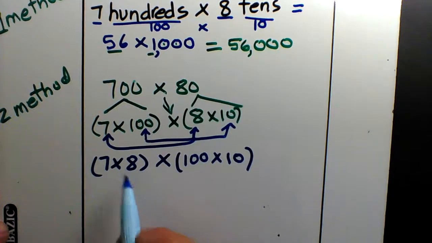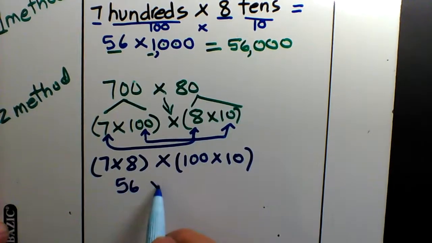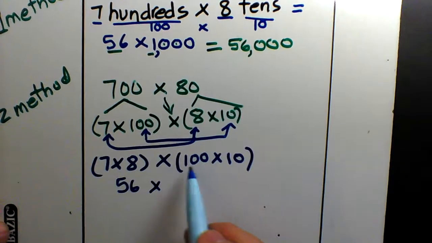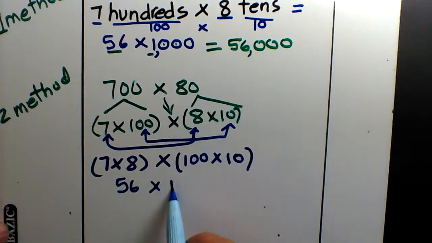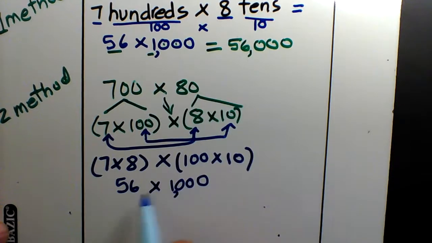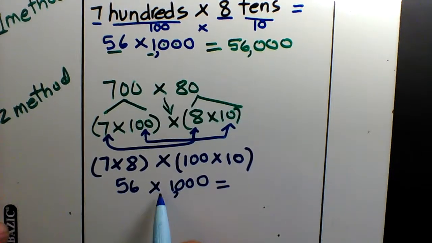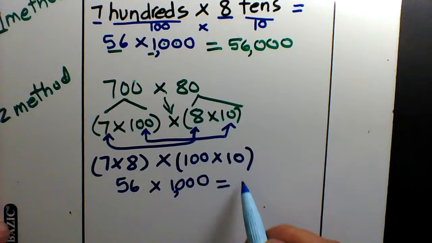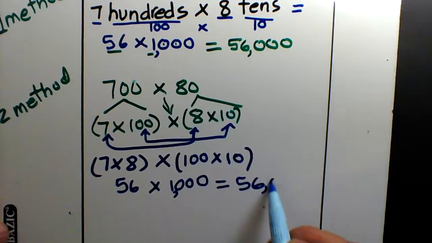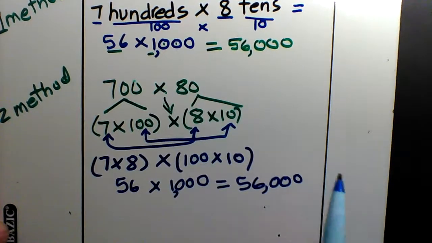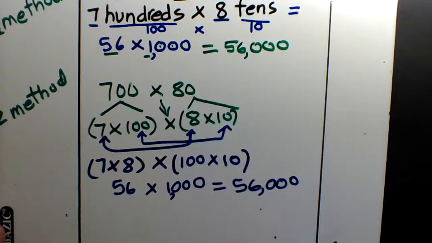So 7 times 8 equals 56, and 100 times 10 equals 1000. And when you multiply 56 times 1000 equals 56,000.